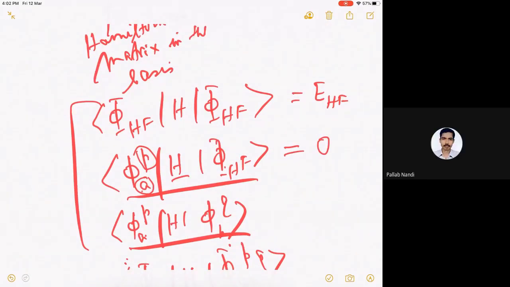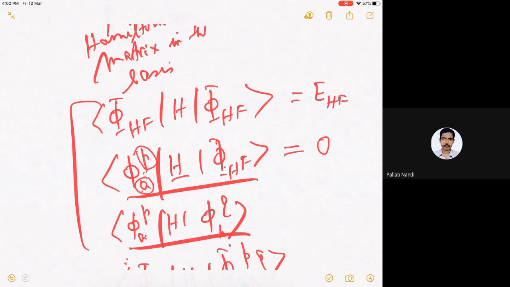Student: Sir, if I take one electron from one orbital to another orbital, for a singly excited determinant, it seems like a perturbation in the system. No, don't interpret it as a perturbation.